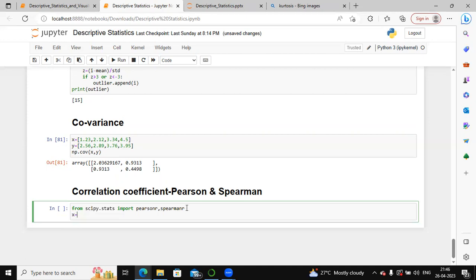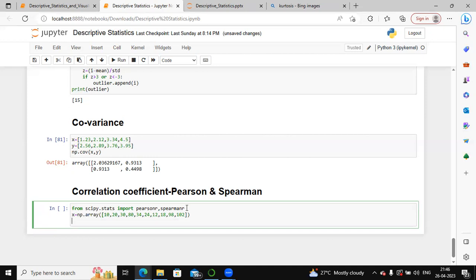So let's take the x variable and let's take an array, np.array of values 10, 20, 30, 80, 34, 24, 12, 18, 98, and y is np.array of 2, 1, 4, 5, 8, 12, 25, 96.